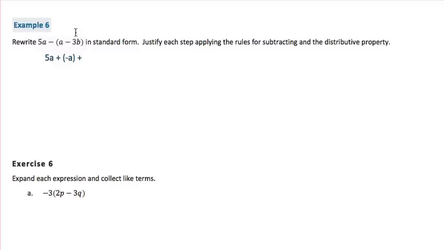Matter of fact, let's not even do that subtraction yet. Let's keep that subtraction, and let's change the subtraction inside the parentheses first. We have a, changing this to addition, we'll add the opposite, so plus negative 3b.